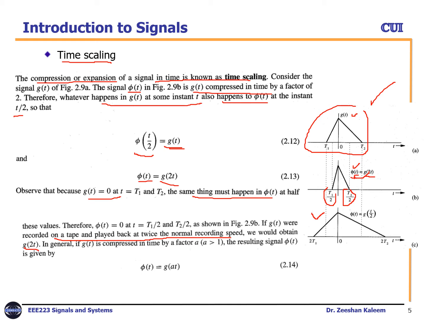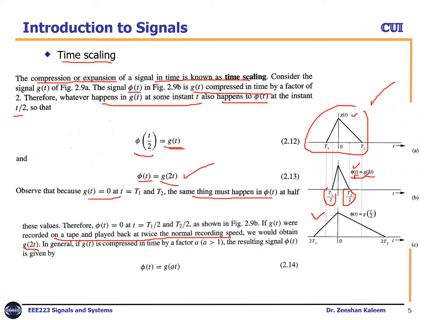This is an example to clarify this concept. For example, you are doing some recording on a tape recorder, and when you play it fast, you know there is a feature to play it fast. Actually, in fast it means that there is some compression. So for compression, this type of scaling concept is used. How much you want to compress depends on the compression factor.